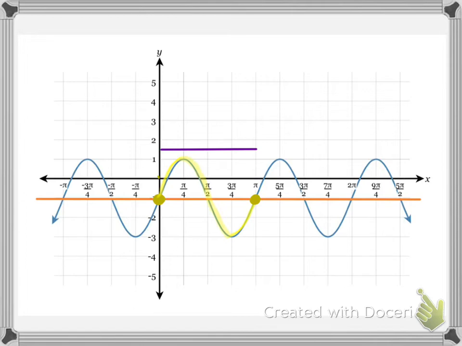It is pi units long. So my period is equal to pi. Okay? And you could see it continue repeating over and over. So here's another period from here to there. Here was another period from here to here.